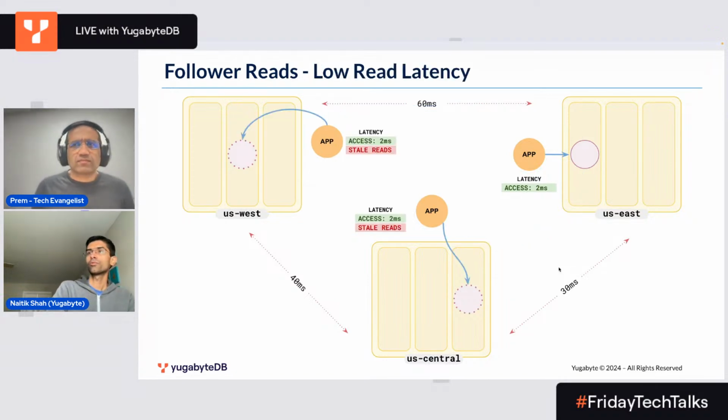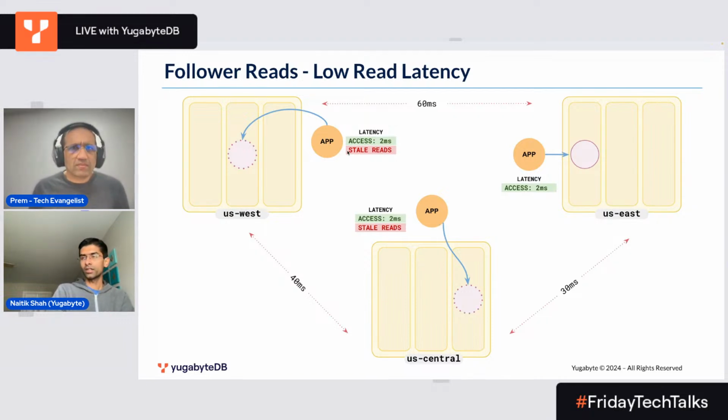Yeah, thank you, Prem. So when we set up follower reads, we are able to achieve low read latency. The app here in US West is able to read one of the copies, which is essentially a follower of the same shard or tablet, and it's able to read that locally. So the access time is like 2 milliseconds. The same happens for the app in US Central as well.